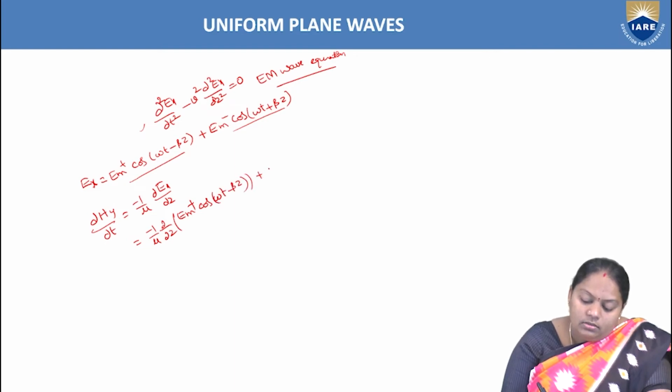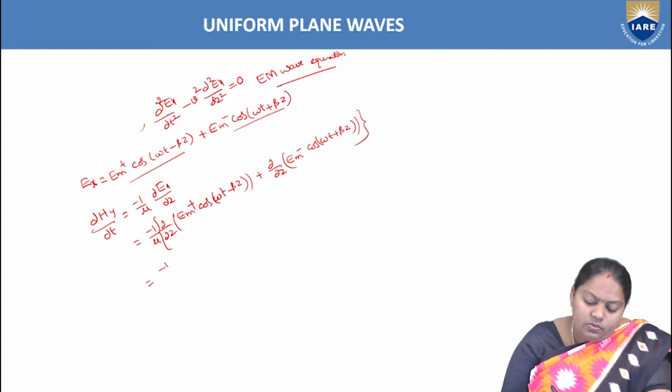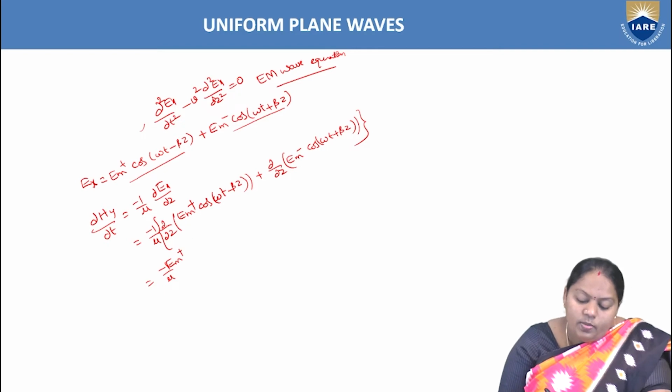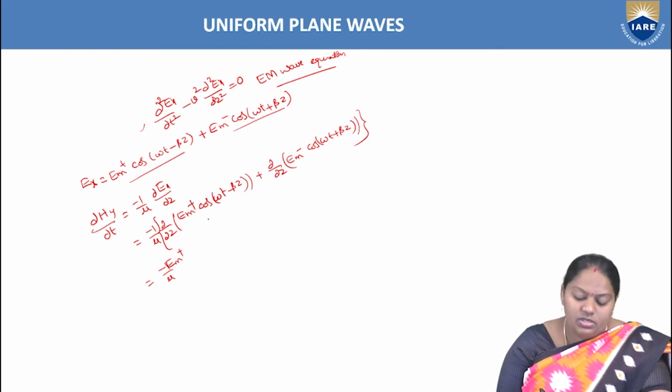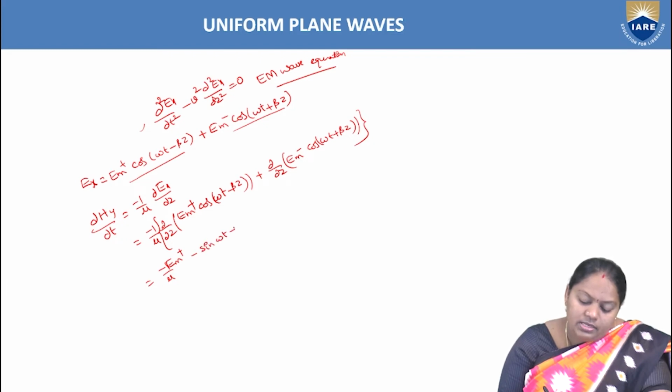plus ∂/∂z of Em minus cos(omega t plus beta z). Right? So minus 1/mu Em plus, taking it as common, then ∂/∂z: differentiation of the cos function becomes minus sin(omega t minus beta z) into minus beta.